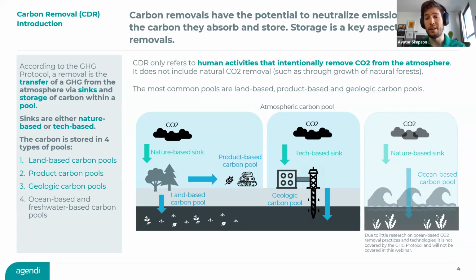But another main component is the storage of the carbon after it's sequestered, and this occurs in what's known as pools. The main three types of pools are land-based pools, such as within soil, product-based pools, such as wood products, and then geologic pools, where it's stored deep underground. I also want to note that there are ocean-based carbon pools, but these are not yet covered by the GHG protocol, so we won't be discussing these in much detail for the webinar today.